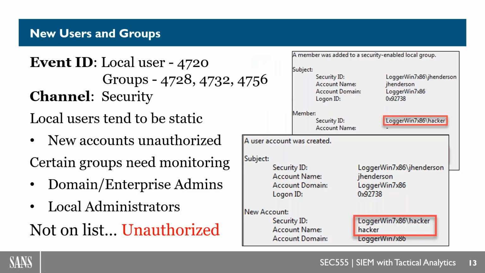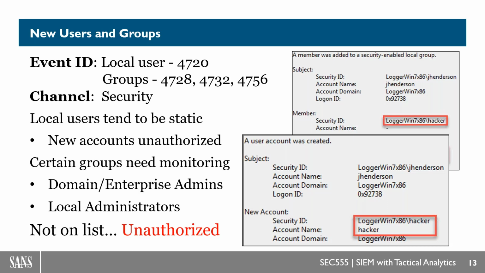There we go. And probably the most common way of maintaining persistence is adding users. So those are very, very easy to detect with vanilla Windows events, both at the domain and the local level. And realistically, you can see who is creating users.